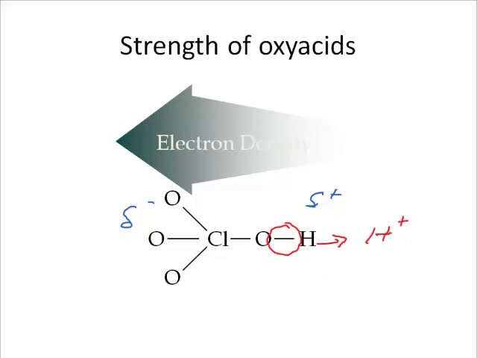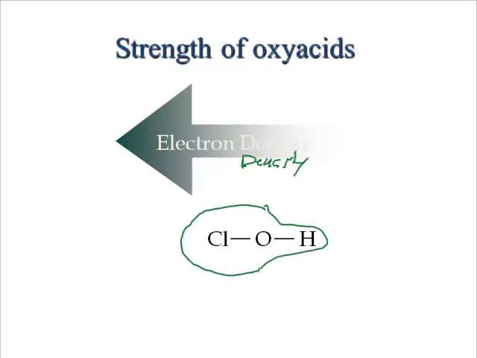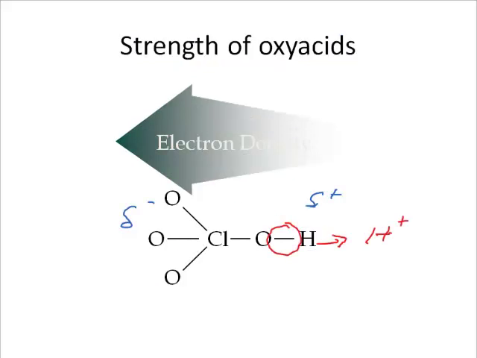And when you get something where the charge density is not that great, it doesn't come off quite as easily. Same with the ClOH. So those structures do play a big role in whether or not the acid is strong or weak. When we talk about those seven strong acids, the polarity plays a big role in whether or not it's a strong acid.